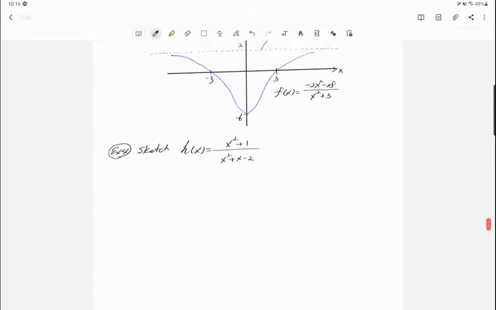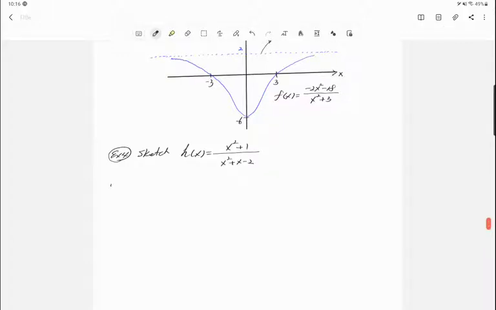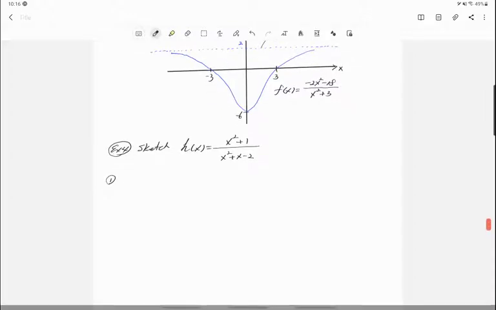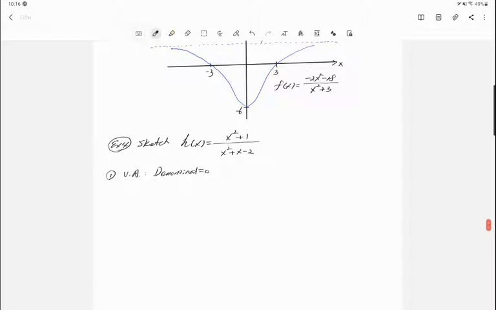Next, we will follow the same steps to sketch h of x. First, let's find the asymptotes. How about the vertical asymptote? We set the denominator equal to 0, so x squared plus x minus 2 equals 0.